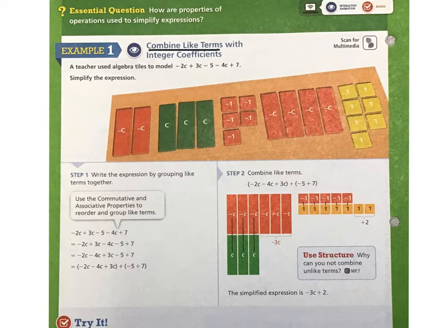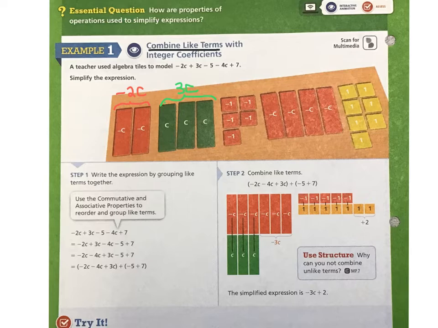Okay, so in the very first part of the expression, you see 2 bars that each have a negative sign in front of the c. So right here we have -2c. Then you'll notice that we have 3 bars, and each of these bars just has the letter c on it. So we have 3 c's there.